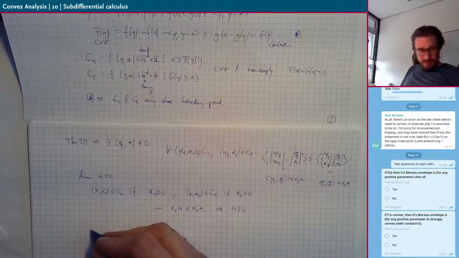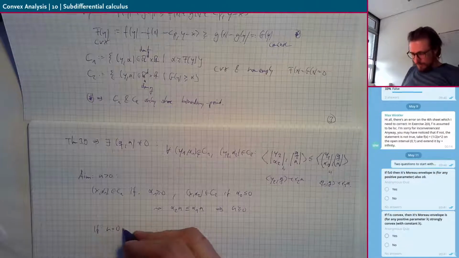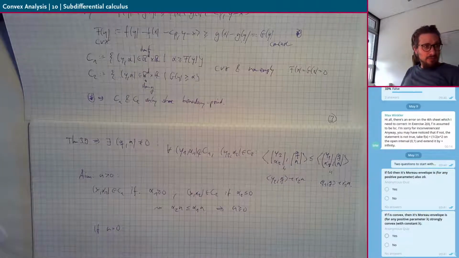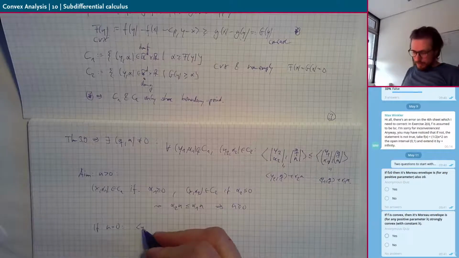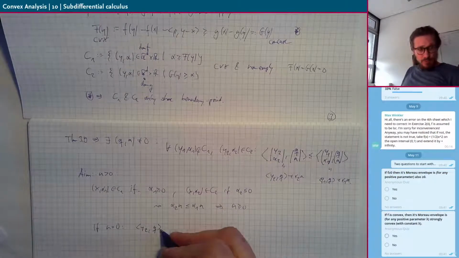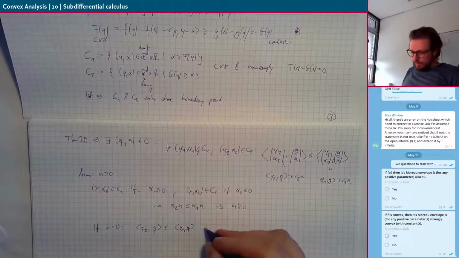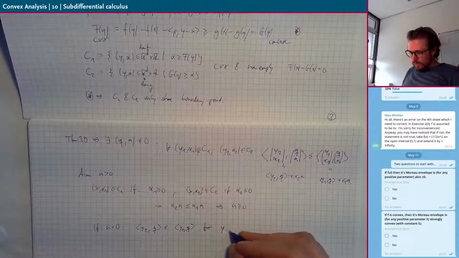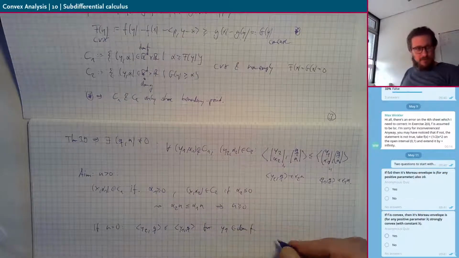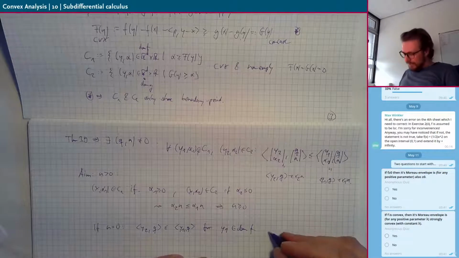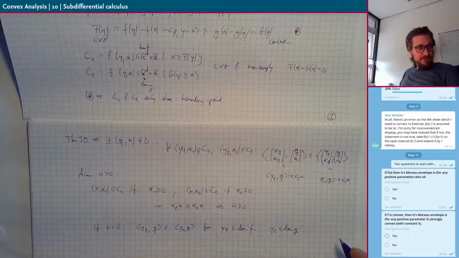So what if alpha would be equal to 0? Then what would we have? We would have, in this inequality here, y2 times q would be smaller than y1 times q for all y1 in the domain of small f and y2 in the domain of small g.